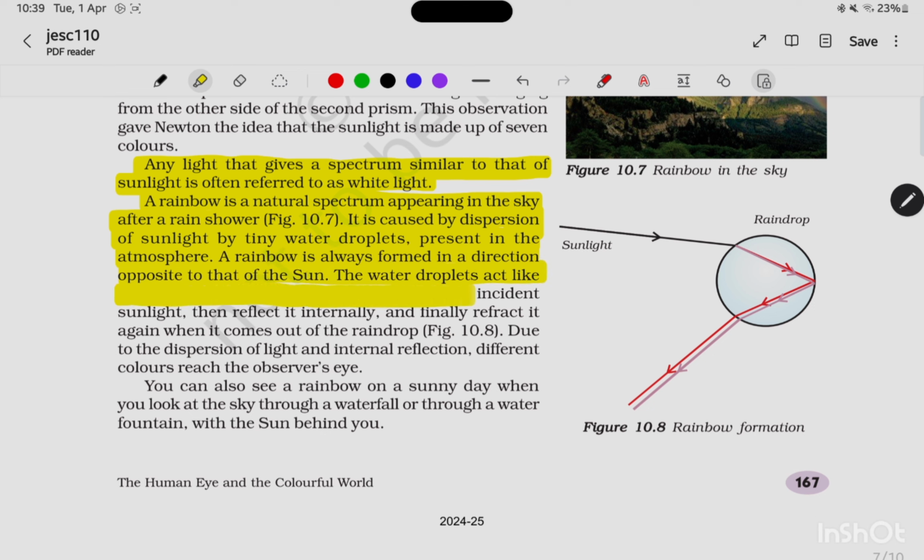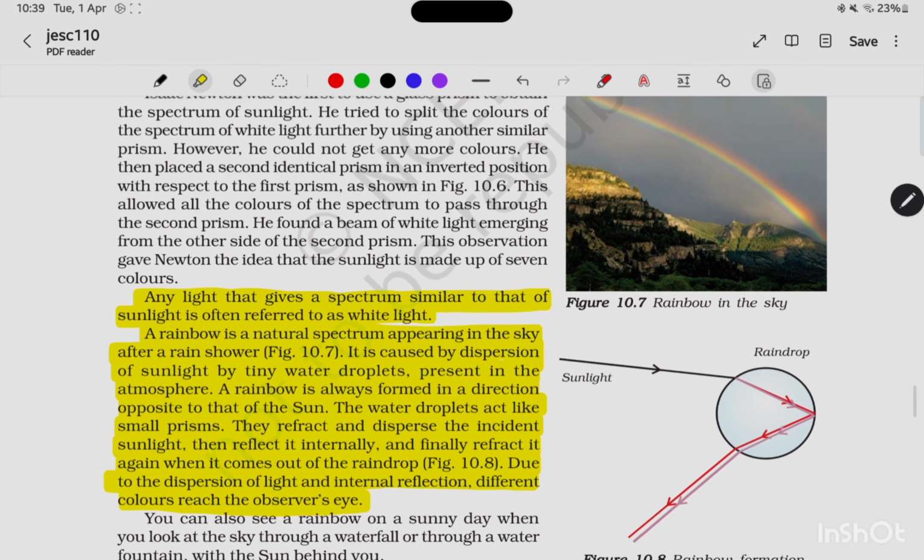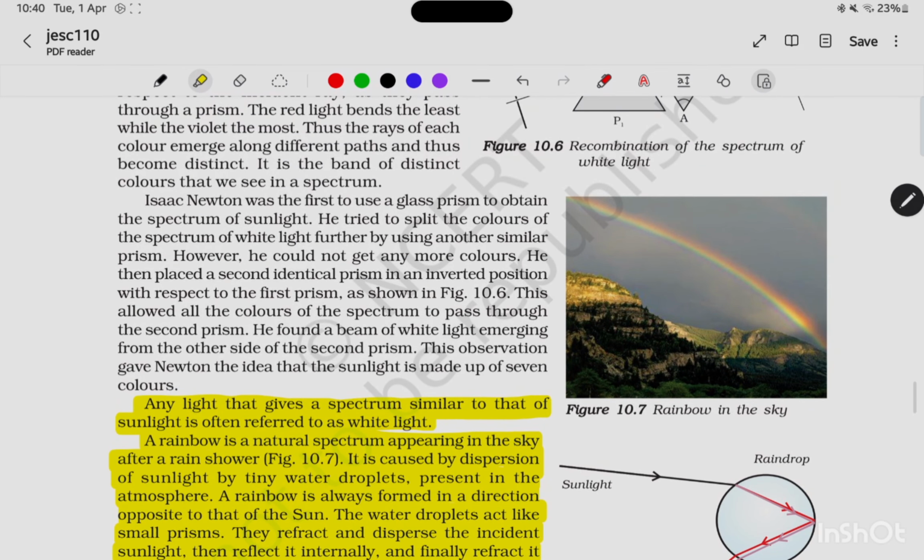In these paragraphs, lots of questions can be asked, so I cannot specifically say what the questions are, just like in social science or something like that. Like, who tried to split the white colors again?